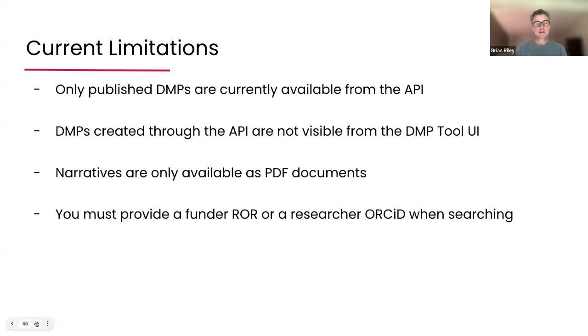So they're not part of that structured JSON document. And when you search, we don't allow you to just openly search across all the records. That's some performance issues currently that we're working on. So we do require that you specify a funder or an ORCID when you search. Next slide, please.